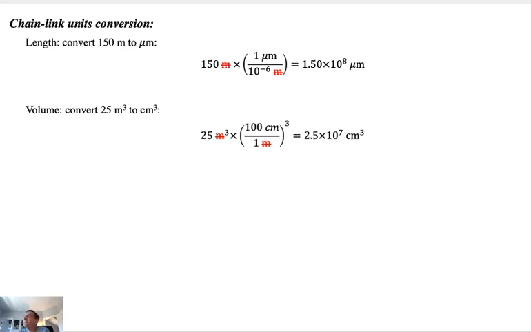I'm just expressing it in a different unit. So 1 meter cubed cancels the meter cubed here in terms of the units. And so I take 100 cubed on my calculator. 100 cubed is 10 to the 6th power. You check that on your calculator. And then multiply that by 25. I get 2.5 times 10 to the 7 power centimeters cubed.